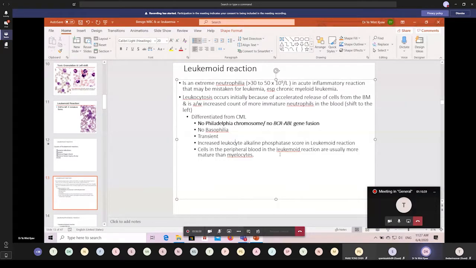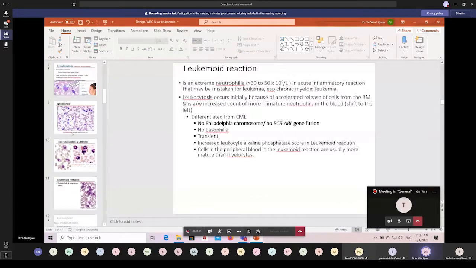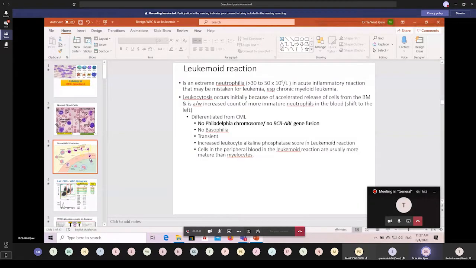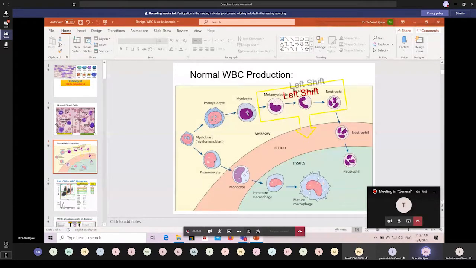Another one. What cell? Cells in leukemoid reaction are more mature than myelocytes. If you forgot myelocyte, you need to repeat here. What is a myelocyte? In leukemoid reaction, the cell should be more mature than myelocyte.